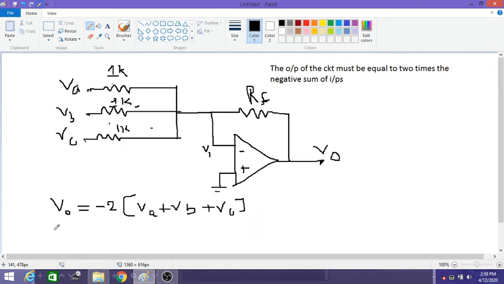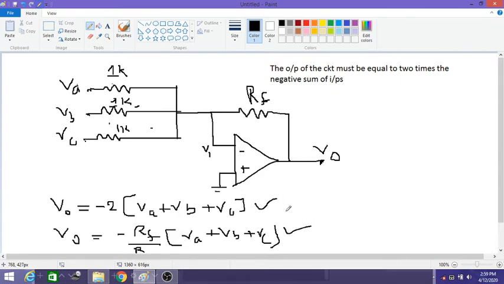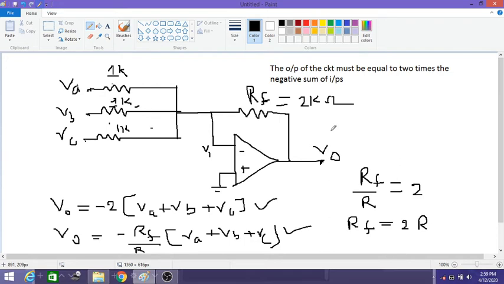So if we compare this equation with this equation, then RF by R equals 2. Then we can find RF as 2 times the value of R. So the value of RF should be equal to 2 kilo ohms. This is how we can analyze this.